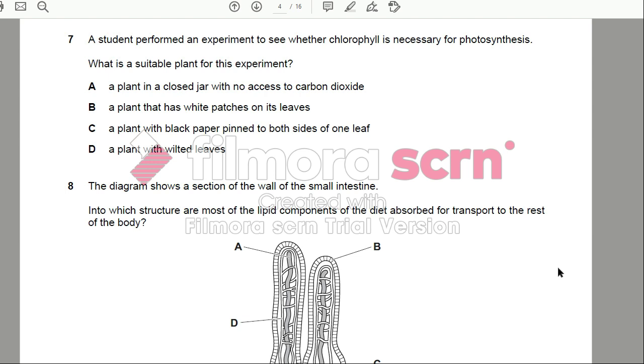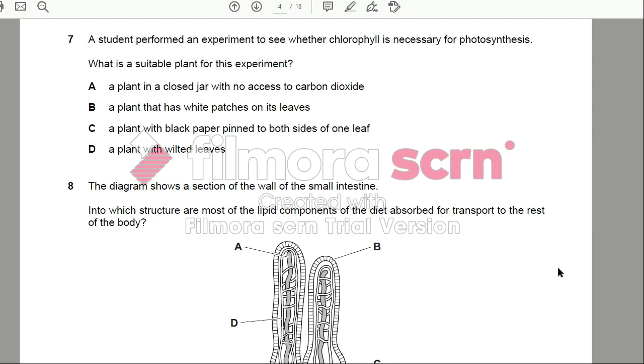Whenever we perform any experiment to find out the necessity of chlorophyll, we must keep in mind that we are going to use variegated leaves, which have two different colors. I mean, they will have some patches of yellow or white along with green. So let's find the correct answer.